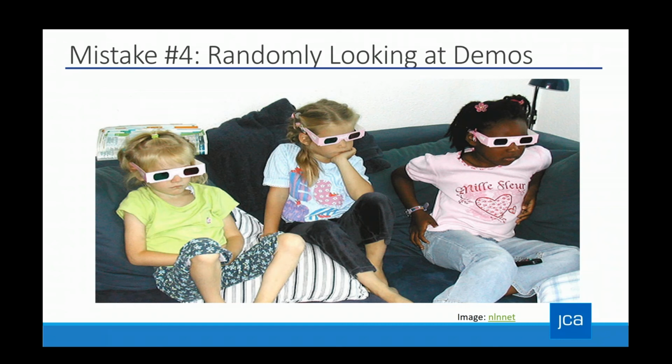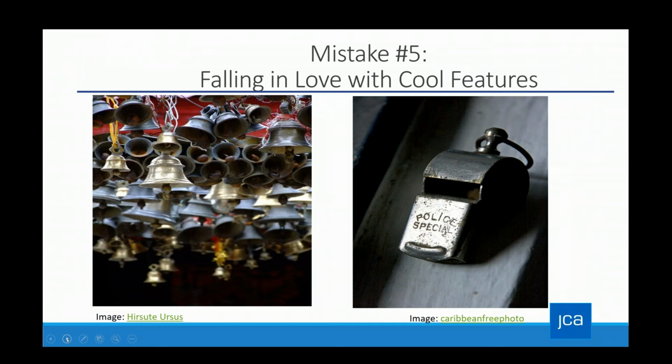The next mistake is falling in love with cool features, the bells and whistles. Donna talked about this, so I'm not going to go into it too much. But the vendor is the single most important part of this decision. And the right vendor is going to keep up with changing technologies. They're actually going to build those things that they said were on their roadmap.